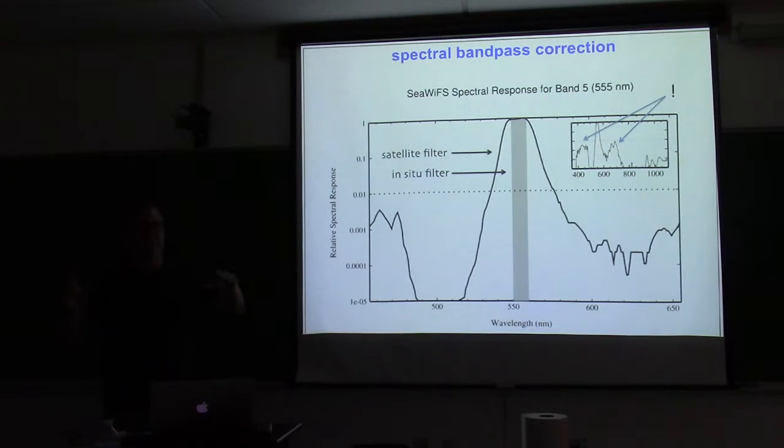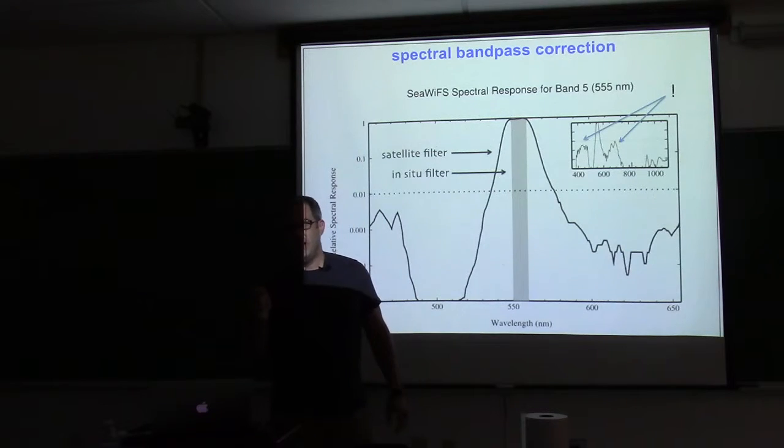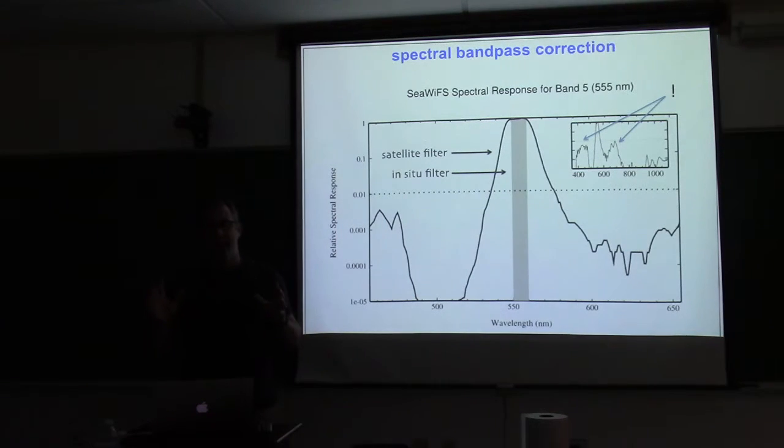But in practical implementations, it's never just one wavelength, it always has to be a bunch of wavelengths, because that's the way filters work. And if the filter is not carefully designed, you can get contributions from other parts of the spectrum.